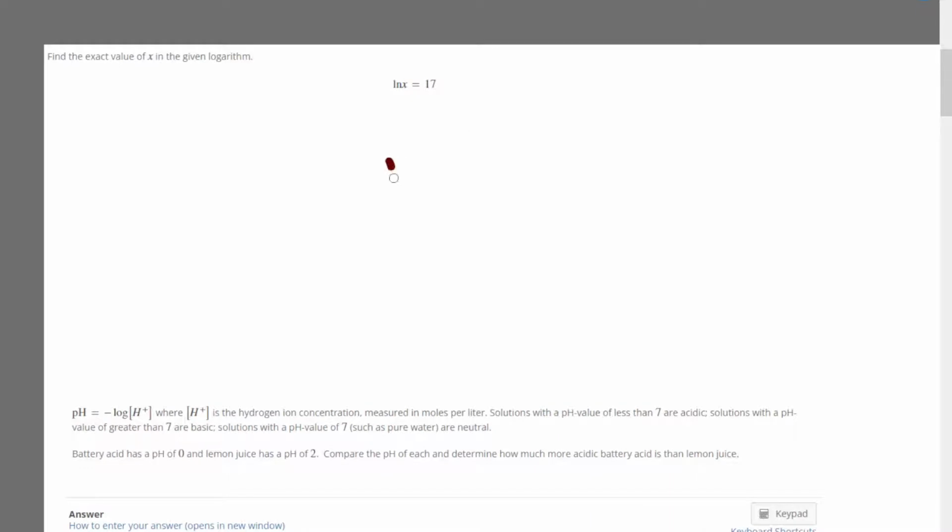When you see ln, that is the exact same as log base e. Now, log base e, e is a number that is seen in nature a lot, and you'll see it throughout math a lot. You don't need to worry what e is necessarily for this class.